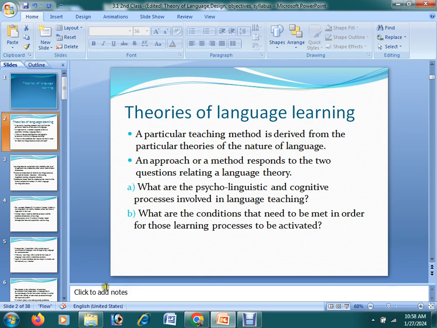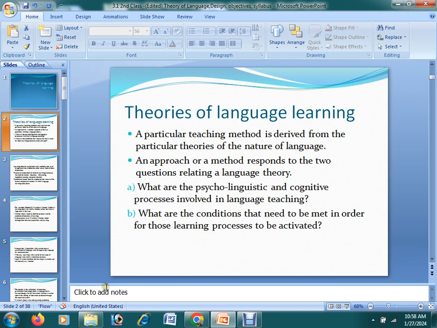So we have understood that a theory will derive a method, but a method can respond to two kinds of questions. What are they? The first question is: what are the psycholinguistic and cognitive processes involved in language learning? So the method will go towards the psychological and cognitive development of language theory.